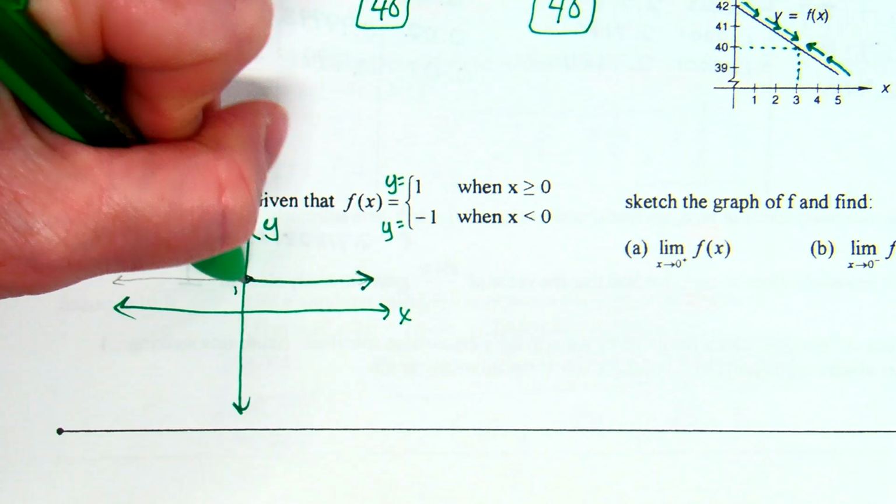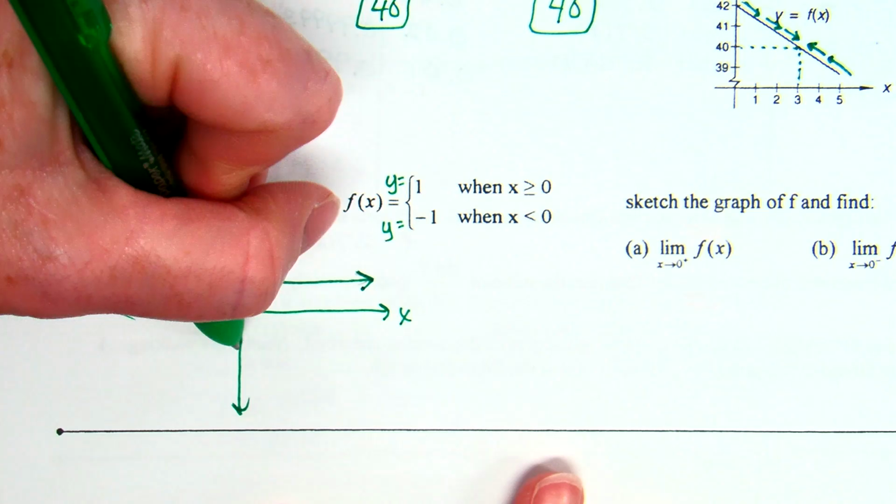What about the other part? It's negative 1. So this time we're talking about this horizontal line down at negative 1, but it's when x is less than 0. So over to the left. And what happens at 0?